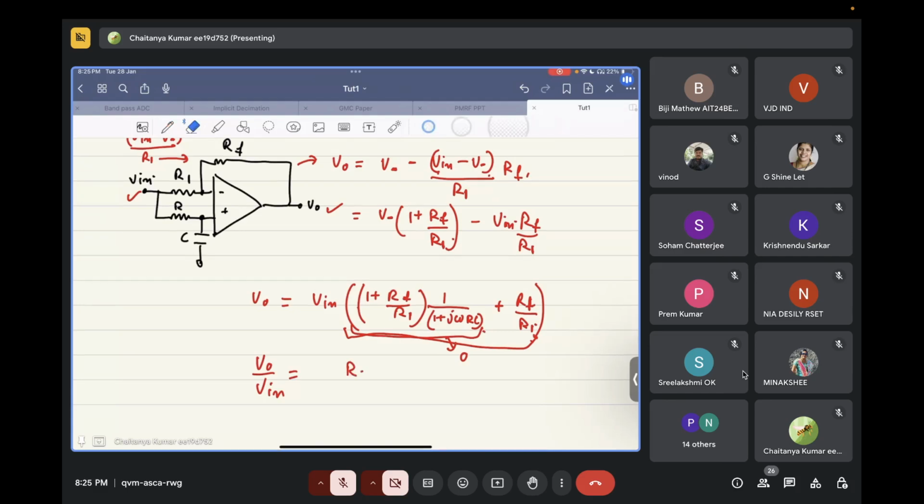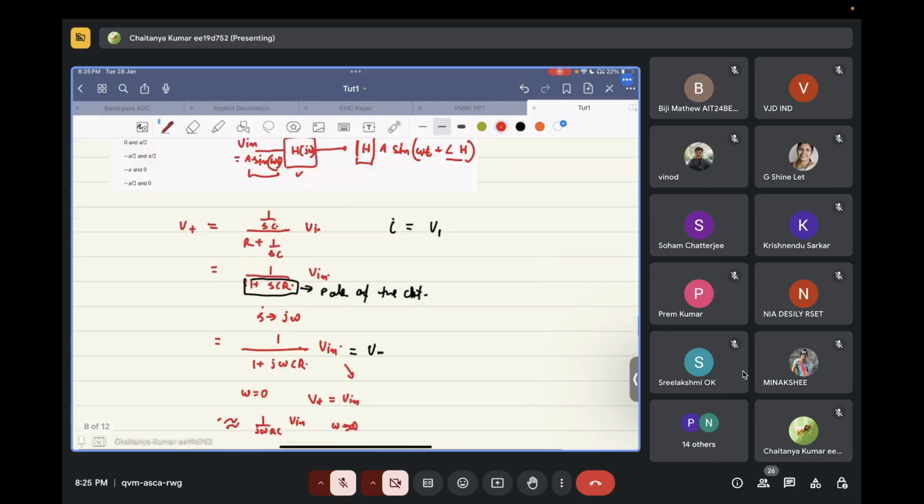So what we will have is minus of RF by R1, correct? Now, what is the phase difference between input and output?